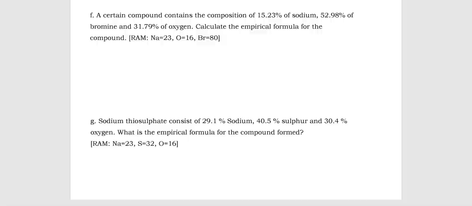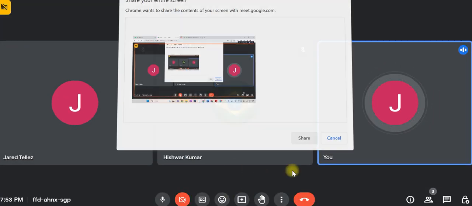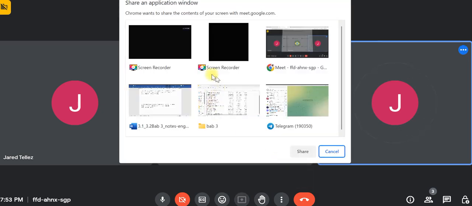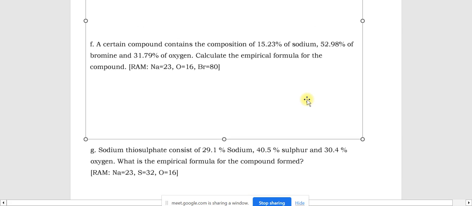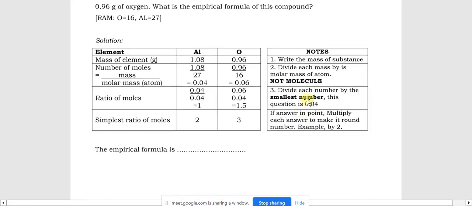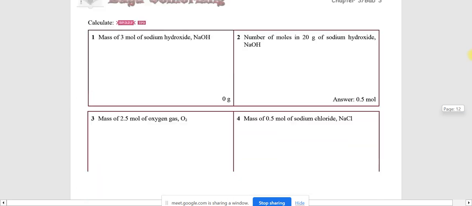You all can see 3.3 or not? Cannot, eh? Now can. Okay, 3.3 quite lengthy, eh?